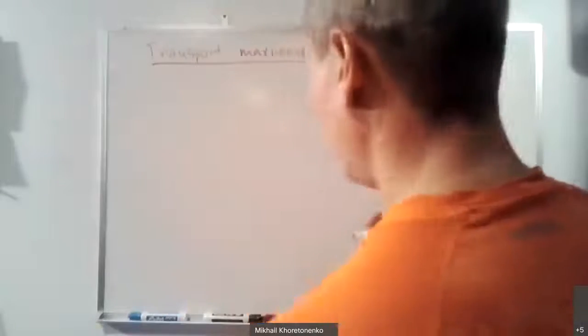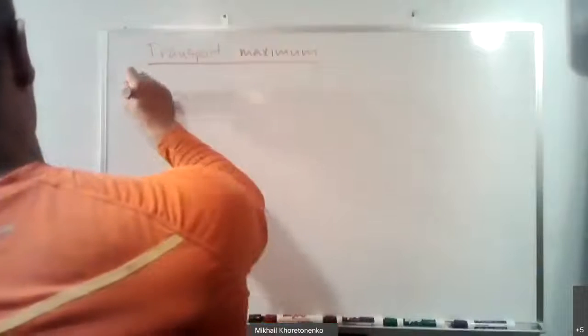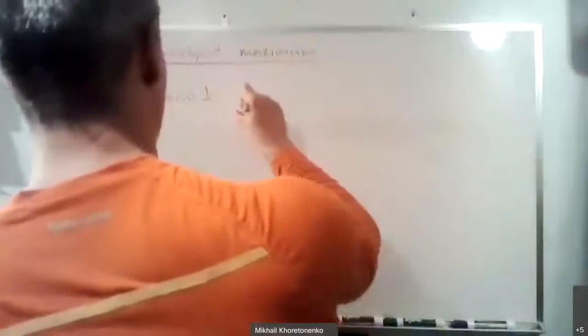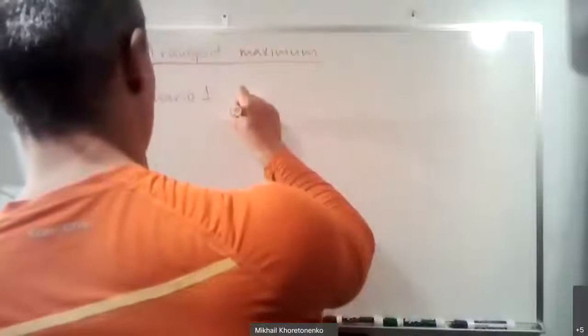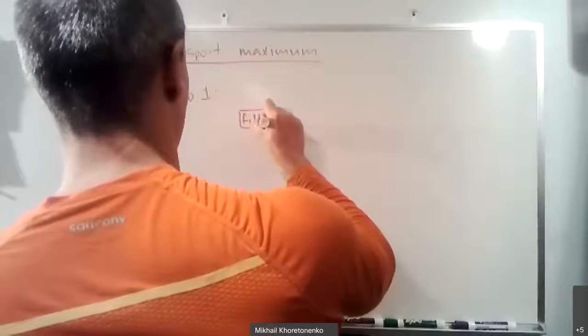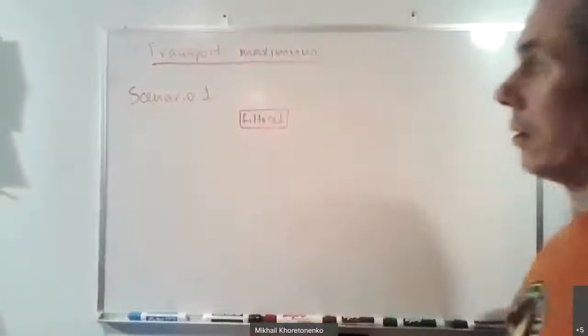So imagine that this, I'm going to call it scenario 1, okay? That's the amount of glucose, and it's all going to be glucose. So that is the filtered amount of glucose.